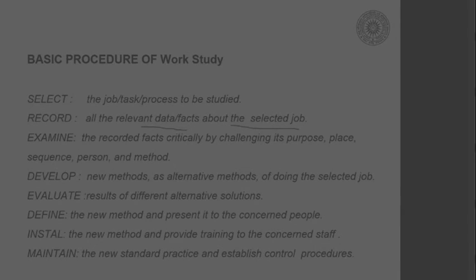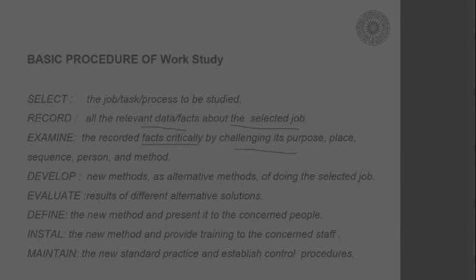Then examine the recorded facts critically by challenging their purpose, place, sequence, person, and method. These are important. First, he records how he loads the job, how he loads the tool, how much time it takes, and which way he does it.